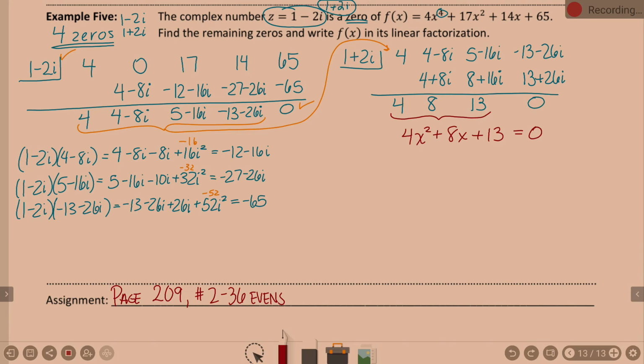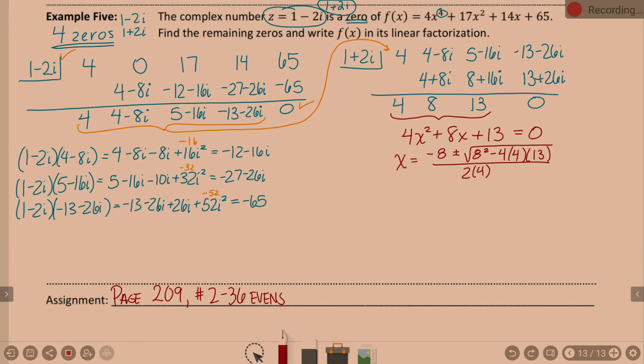Okay, so with that in mind, quadratic formula. Negative b plus or minus the square root of b squared minus 4ac all over 2a.